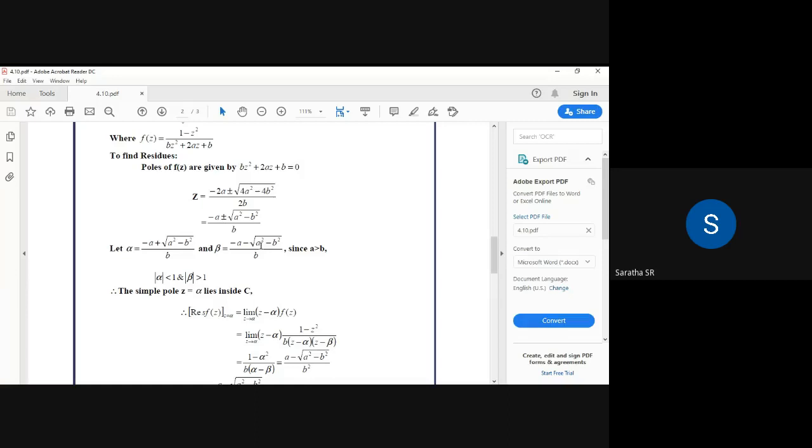Since a is greater than b, if you replace this value, the modulus z value is less than 1. Here we have a square minus b square, and since a is greater than b, a square minus b square gives a positive value.